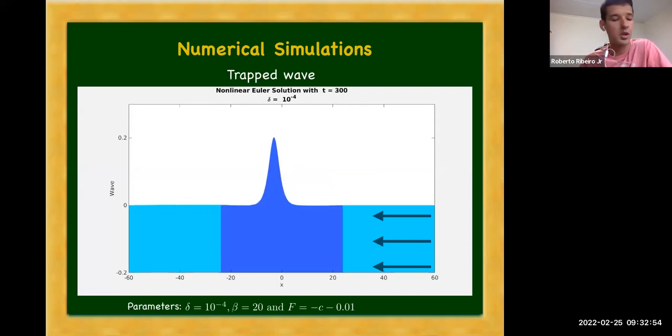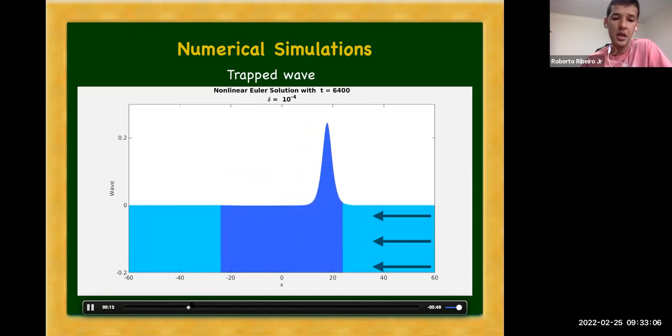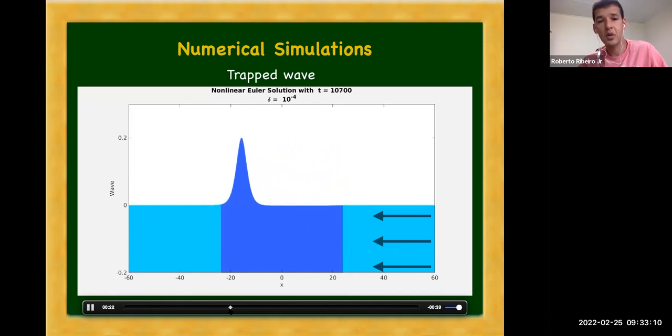And let me show the simulation. So basically what we see here, the dark blue area indicates where the pressure is lower. And what we see is that we can find a trapped solitary wave solution for the full Euler equations.